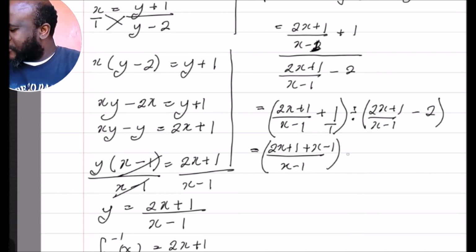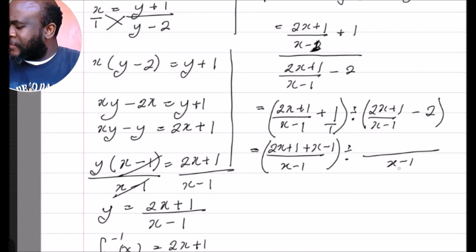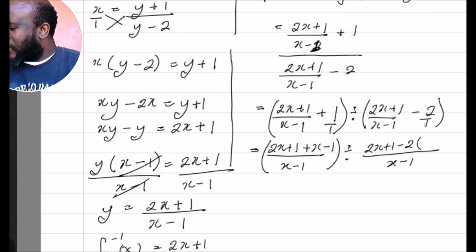That is my numerator. Divide by x minus 1 here. x minus 1 into x minus 1 is 1. 1 times 2x plus 1 is 2x plus 1 minus 2. 1 into x minus 1 is x minus 1 times 2. So this is x minus 1. And this is my denominator.